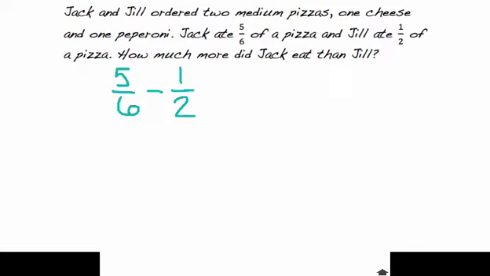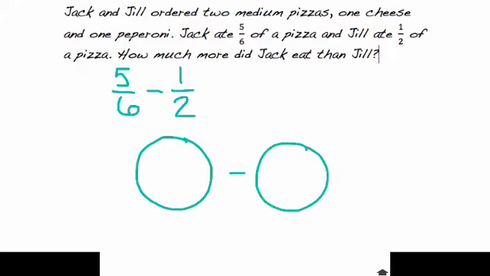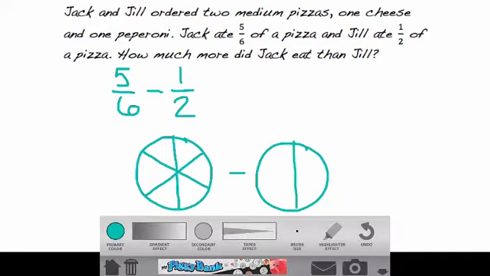Just like we did in the picture with our adding, we are going to make a picture for our subtracting as well. Except for this time, we have our subtraction sign in the middle. We're going to break Jack's pizza up into the 6 pieces that he ate, and we'll break Jill's pizza up into the half that she ate.